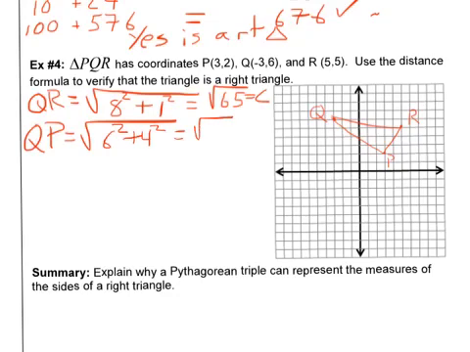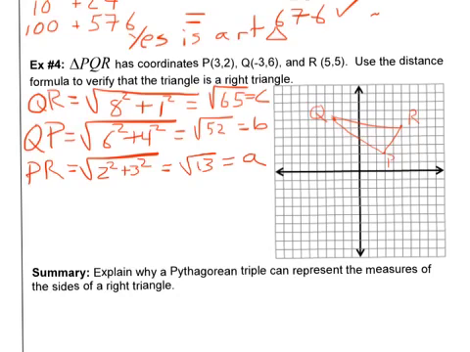Together that makes 52. And I'll go ahead and call this my B. And lastly, I'm going to do PR. Okay, PR, look at that. 2 over, 3 up, easy. So I'm going to say 2 squared plus 3 squared. And 2 squared is 4, 3 squared is 9, so that is going to be radical 13. We're going to call that my A.